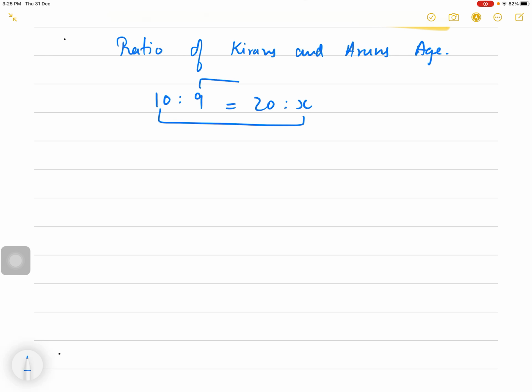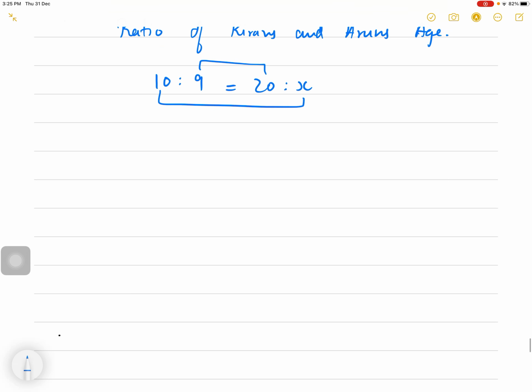Multiply the extremes and multiply the means. So 10x is equal to 9 into 20. Oh, this is the easier way to solve. x is equal to 9 into 20 divided by 10.